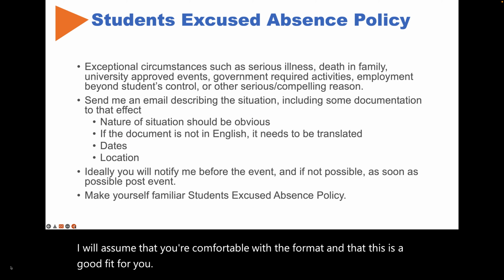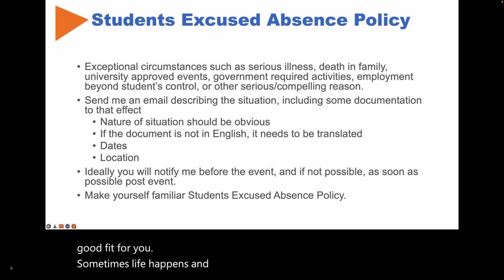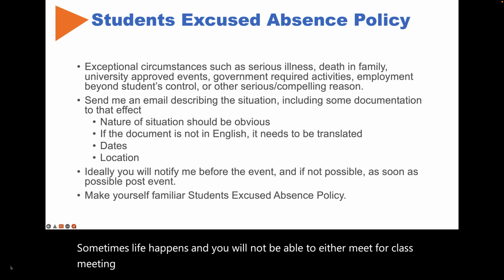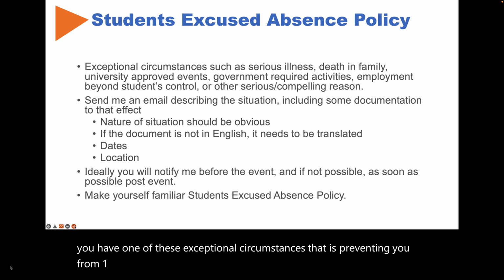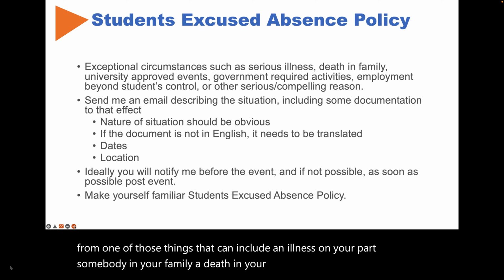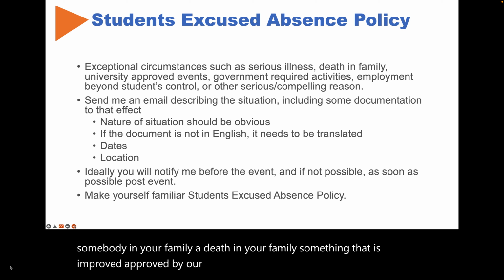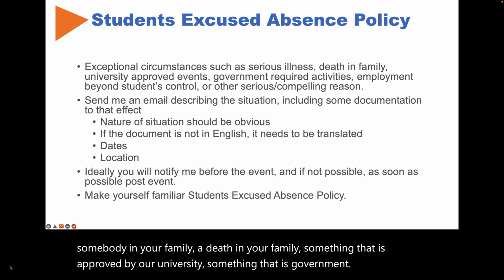Sometimes life happens and you will not be able to either meet for a class meeting, or you are not able to submit an assignment or sit for an exam. If you have one of these exceptional circumstances that is preventing you from one of those things, that can include an illness on your part, somebody in your family, a death in your family, something that is approved by our university, something that is government required, like jury duty, right?